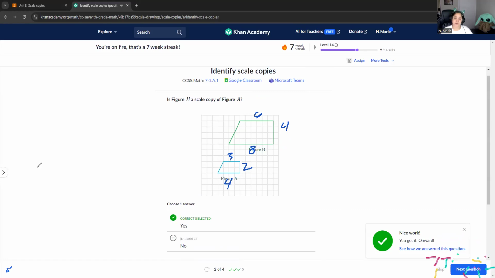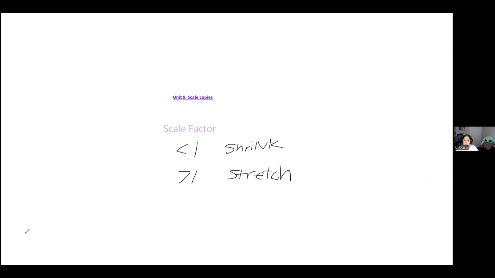And so I have to be able to multiply all the sides on the first figure by the same number, which is the scale factor, to get to the next. And so that's a very important note to make, right? That should be something we want to put down on here.